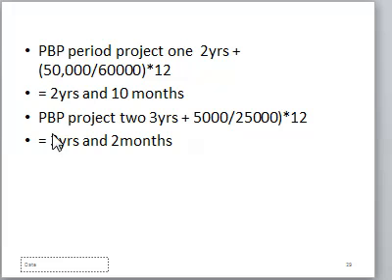Then for project 2, we are covering in 3 years plus the period between year 3 and year 4, which we can get as the cash flows that we are remaining to cover, divided by the cash flows that was used to cover, then times 12. So we are going to get 3 years and 2 months. Remember, our target payback period was 3 years. Meaning, if you are to select, you are going to select project number 1.